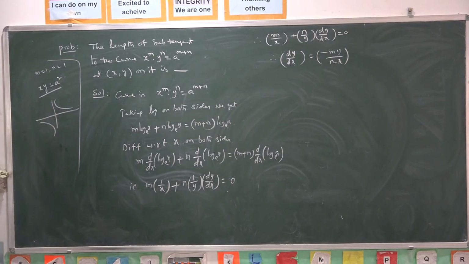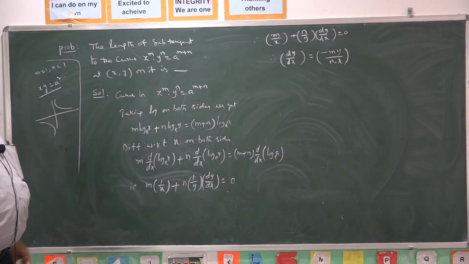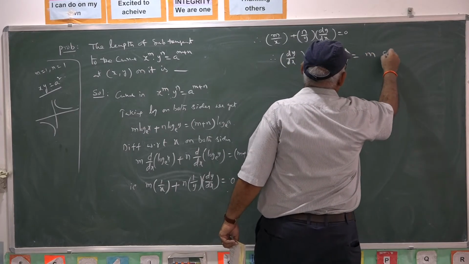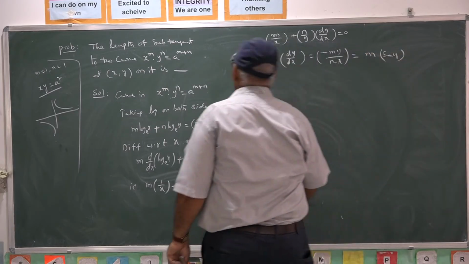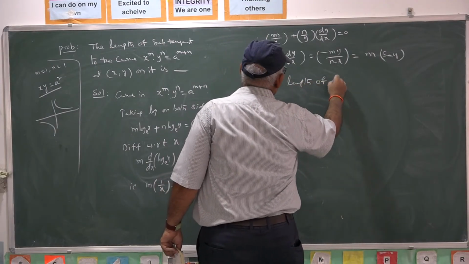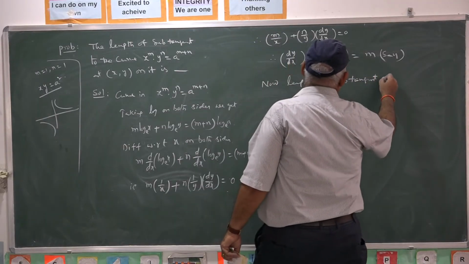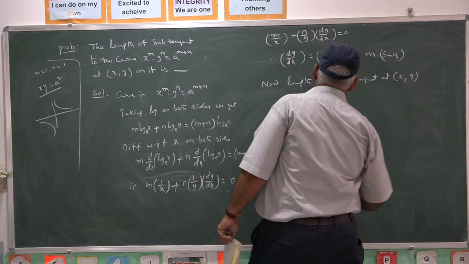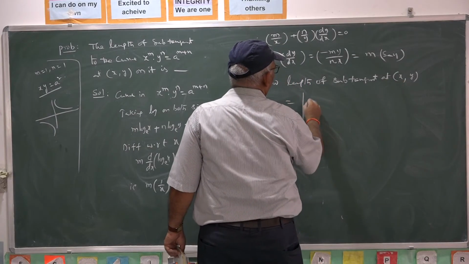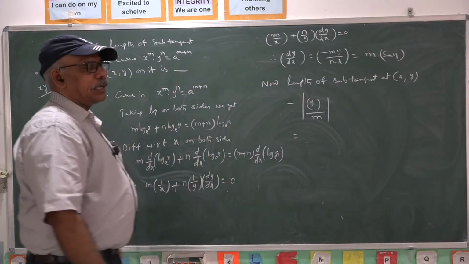So, that is m here, because at the general point itself that gives us the slope of the tangent, let it be m say. Now, the length of subtangent at the point x comma y equal to modulus of y1 by m, where instead of y1 here we have y.